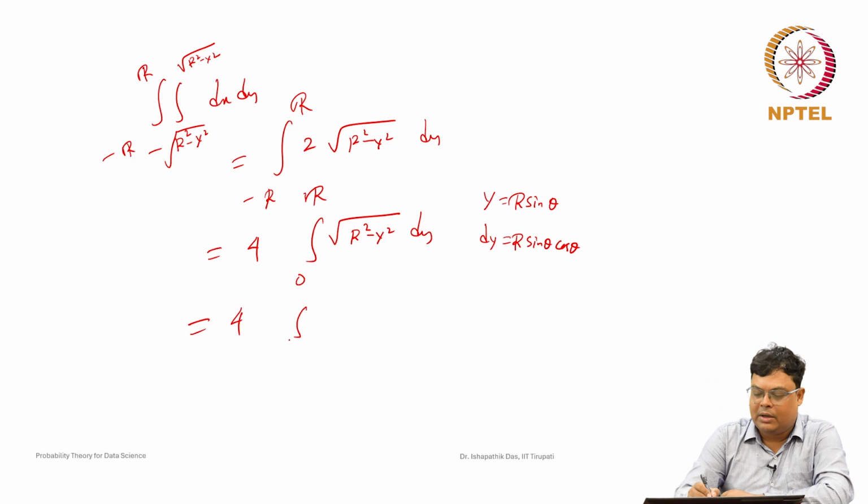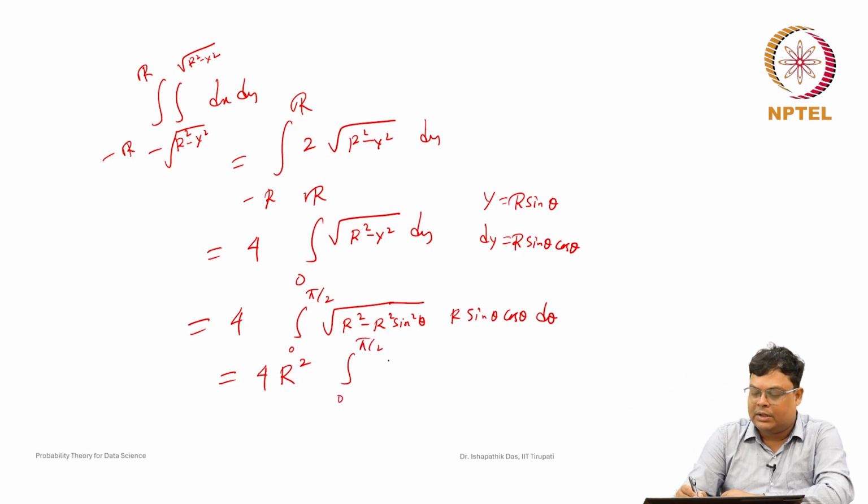So this is nothing but 0 to pi by 2 root over of r square minus r square sin square theta, then r cos theta d theta. So then what will we finally get? This is 4 into r square. 1 minus sin square theta will be cos square theta, root over of that is cos theta.